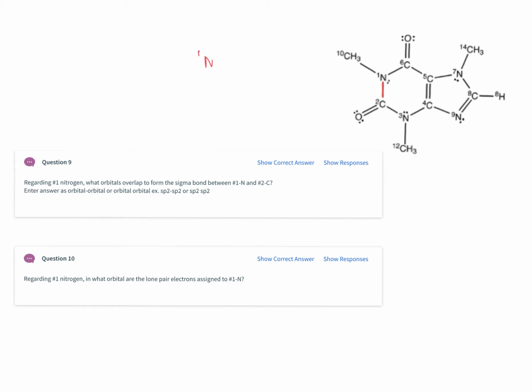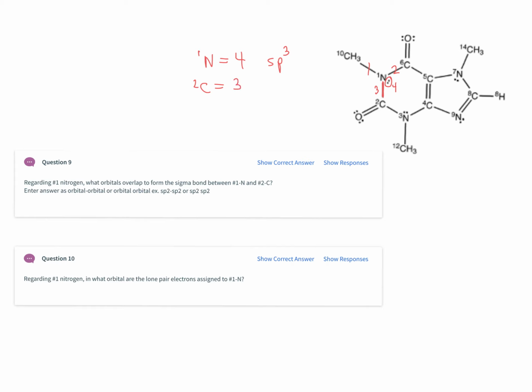So nitrogen 1, I have 4 electron domains. I have 1, 2, 3, and then here's my 4th electron domain. So 4 electron domains, sp3 hybridized. Carbon 2, I have 3 electron domains. This double bond is a domain, this single bond is a domain, and this single bond is a domain. So 3 electron domains.